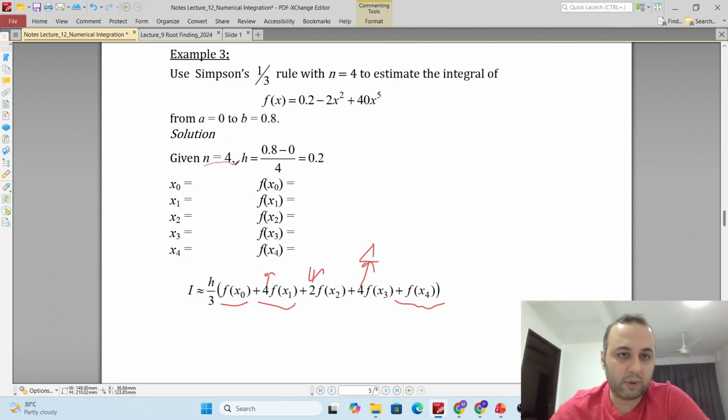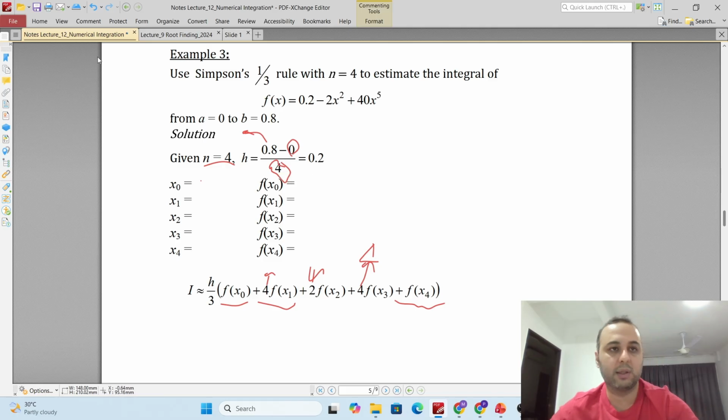Okay, the question asks us for 4 segments, n equal to 4. So as you can see below, we put 4. End of interval minus beginning of interval over the number of segments.